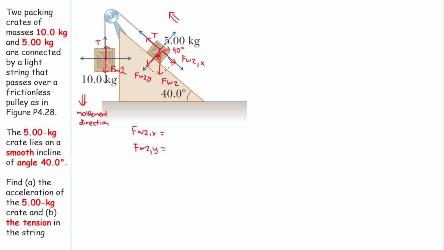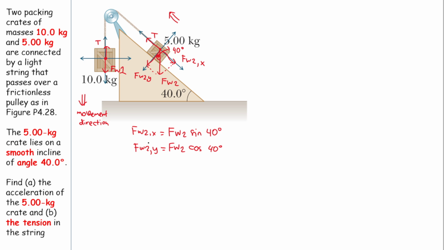The adjacent and hypotenuse is the cosine. So I will have cosine of 40 degrees, so we'll have FW2 here. And here, obviously, because that is cosine, we also have this one as sine 40 degrees. Good. And I think we can do Newton's second law analysis on this crate and also this crate.